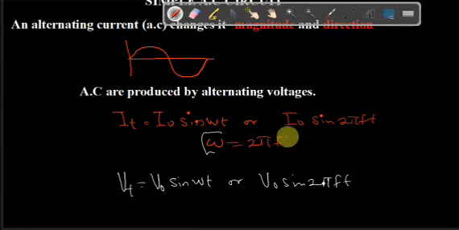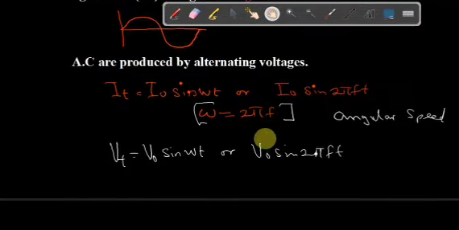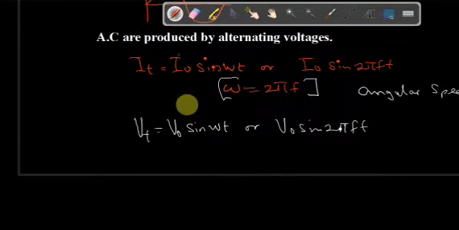Again, omega is equal to 2 pi f. Omega is the angular speed of oscillation of the wave. They are represented as sinusoidal or sine waves, so we call them sinusoidal waves.